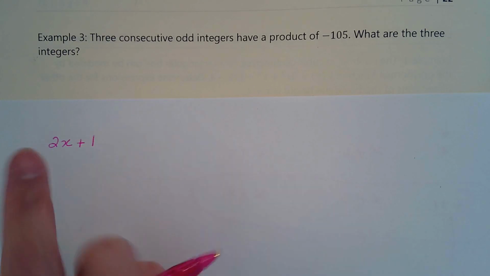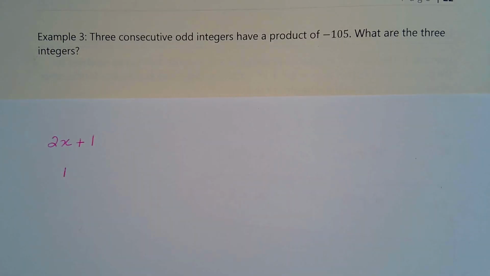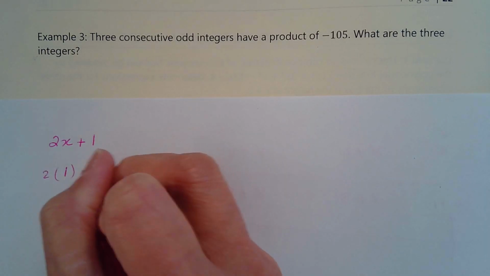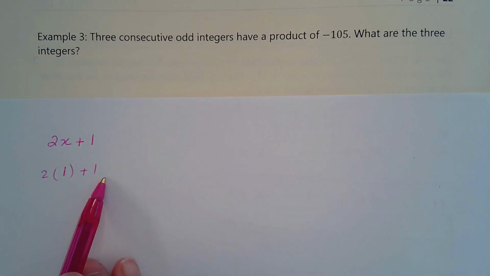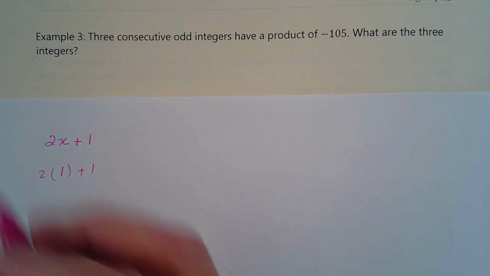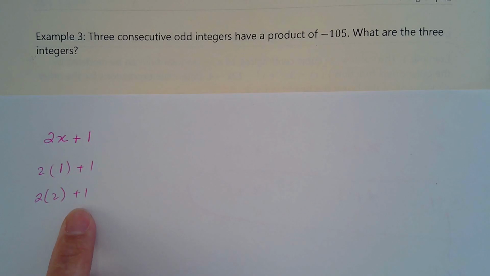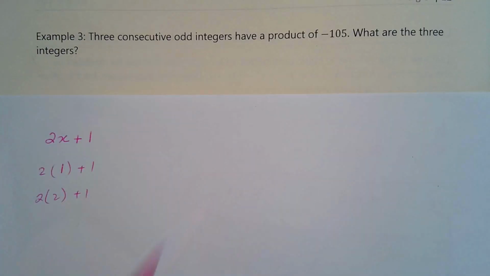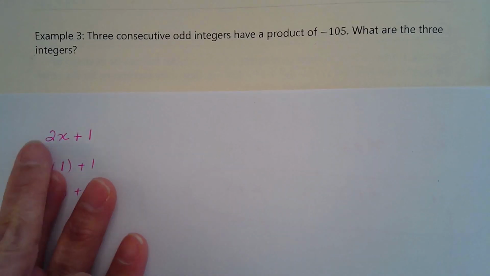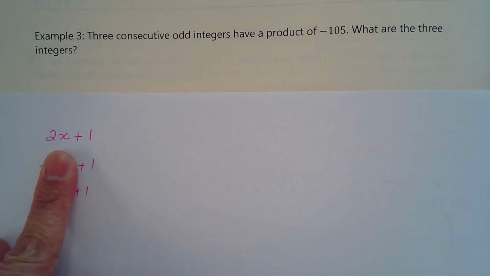Okay, let's try it again. If x is 1, 2 times 1 plus 1, does that give me an odd number? Yes. If x is 2, does that give me an odd number? Yes. So it doesn't matter what the x is, 2 times x, because it's multiplied by 2, will always turn that number into an even number.